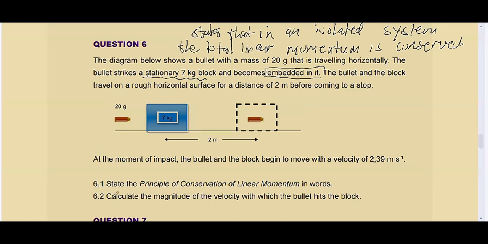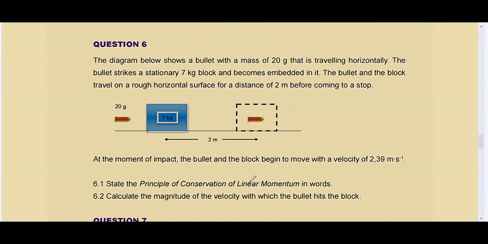Please leave that. Then 6.2 says, calculate the magnitude of the velocity with which the bullet hits the block, right? So in order to calculate that, we obviously need our formula here. Sum of momentum initially is equal to sum of momentum finally. So that's m1 v1 plus m2 v2.